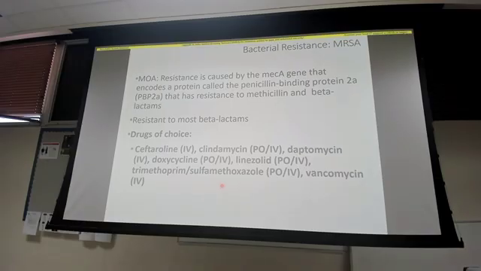What I did as well was put in the routes, because depending on the setting and how your patient is admitted will sometimes depend on the drug that you choose. I like to choose the drug that has an IV and a PO option because remember we're supposed to switch them from IV to PO when we can. So it's a lot cleaner. Now, sometimes you'll get those lab results back and that bug may be resistant to that drug that has the IV and the PO formulation, so you're kind of getting stuck.